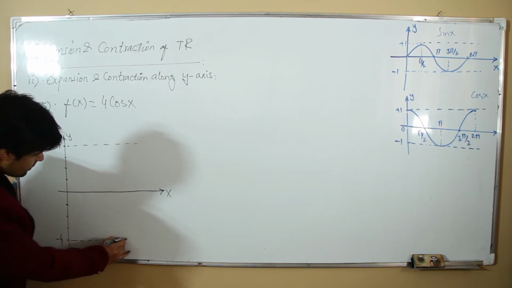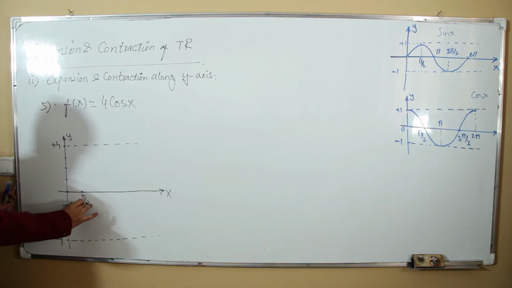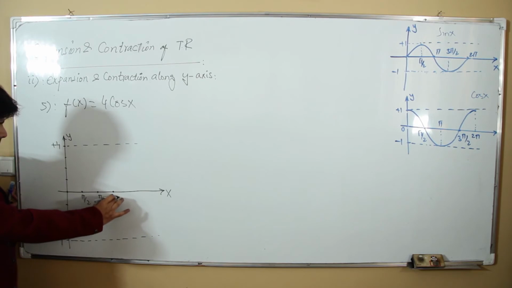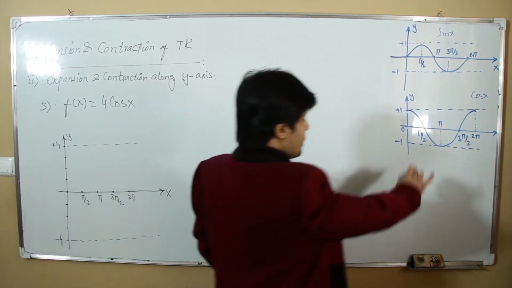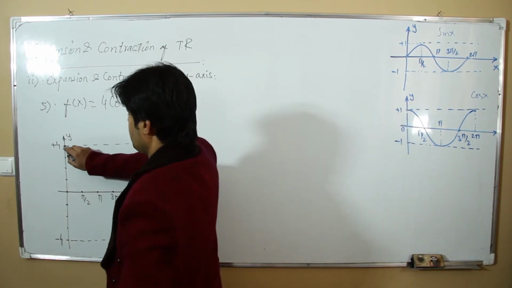Between these two lines we have to draw the graph. Now it's 0, this is pi by 2, this is pi, this one is 3 pi by 2 and this one is 2 pi. Cosine starts from positive 1, but 4 cosine starts from 4.